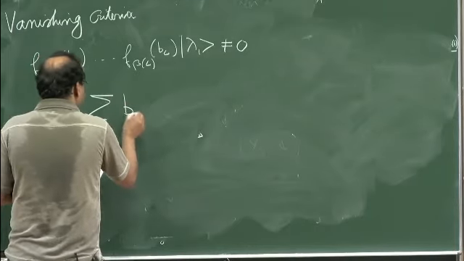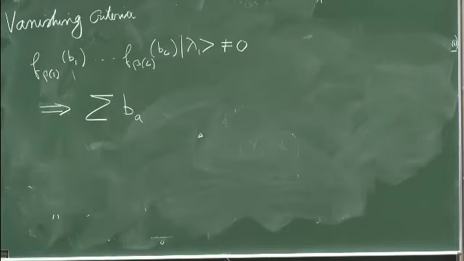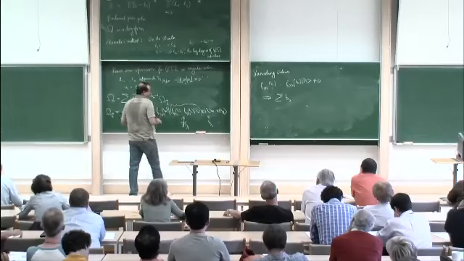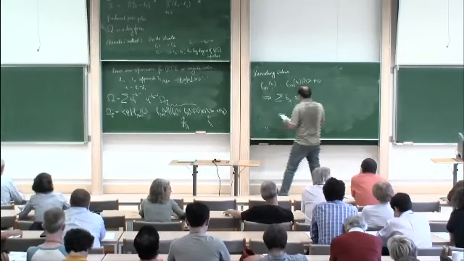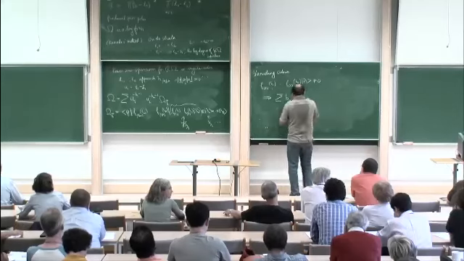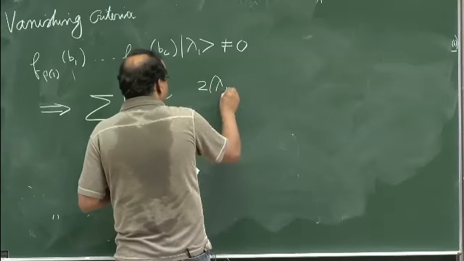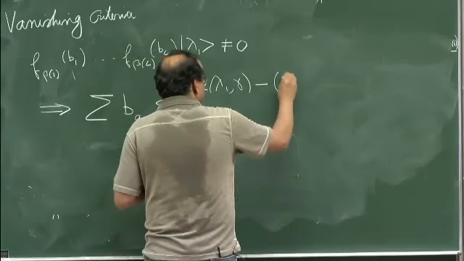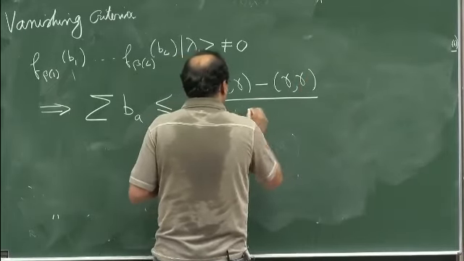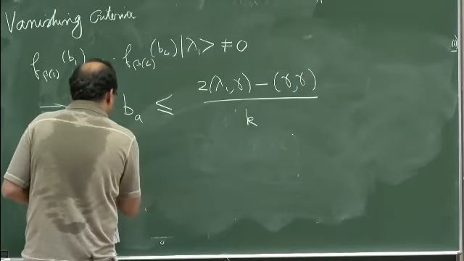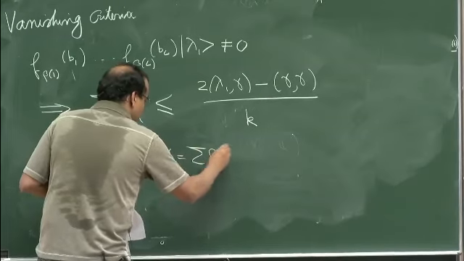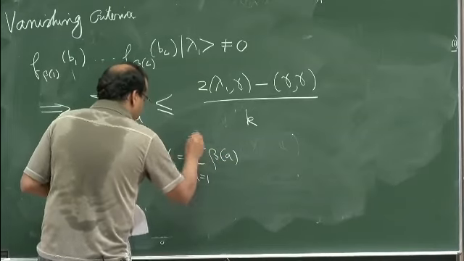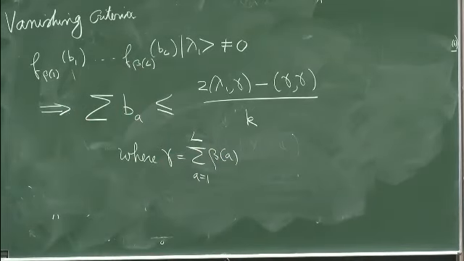So the summation of B_A, this is how bad the pole is getting, is less than or equal to a certain quantity which can be controlled effectively. So it's 2 times lambda 1 comma gamma minus gamma comma gamma over k, not kappa, where gamma is the sum of betas, A equal to 1 to L.